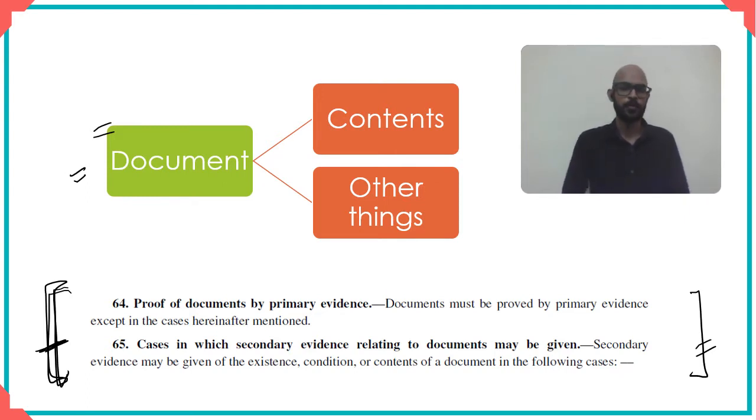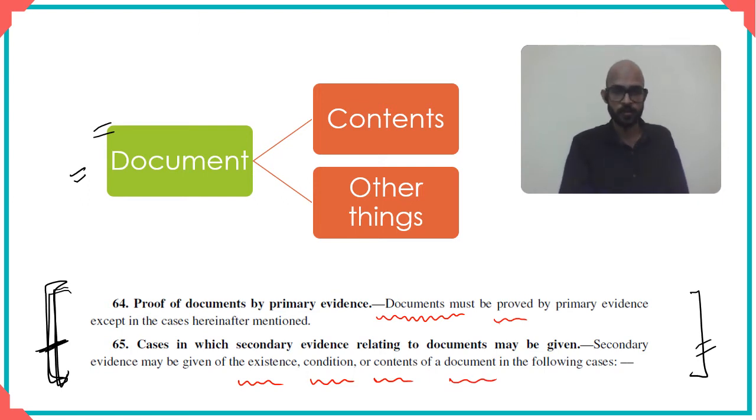So when you look at section 64, it says documents must be proved by primary evidence. It does not say what about the documents. It just says documents must be proved by primary evidence. When you look at section 65, it says secondary evidence may be given of the existence, condition, or contents of a document.